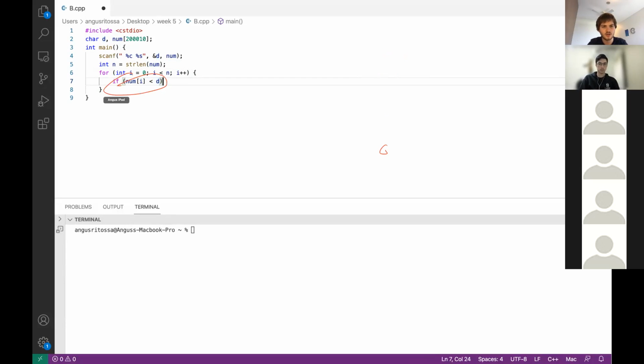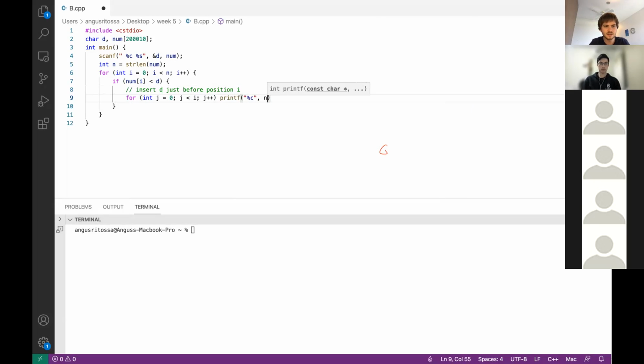If that's true, then we want to insert D into the string, just before position i. So let's print everything before position i. For everything before position i, we're going to print that character.